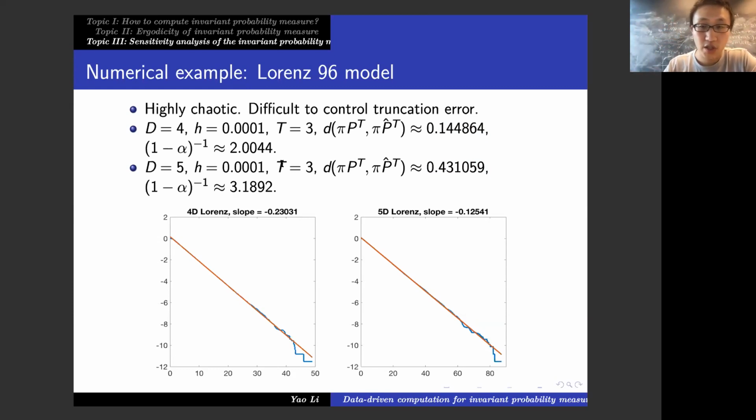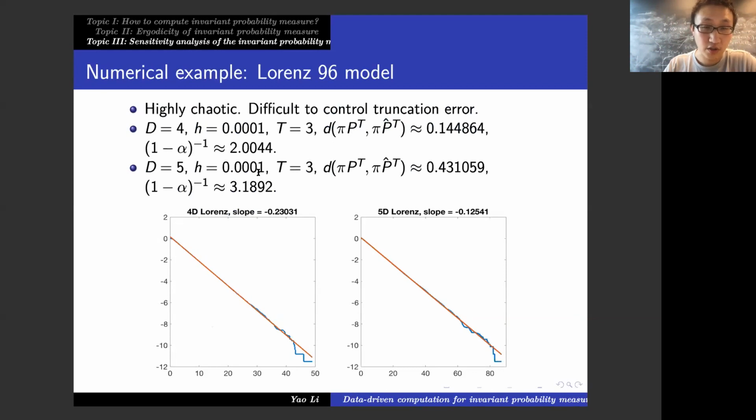So the conclusion is that even for your H at the magnitude of 10⁻⁴ or even 10⁻⁵, the invariant measure is not trustable. It's not trustable because the truncation error grows much faster than the speed of contraction that you can observe. Okay, so that's just one good example and one bad example.